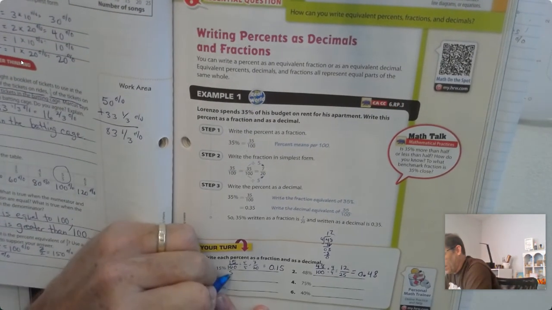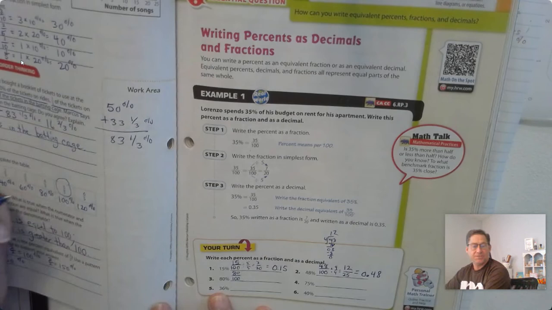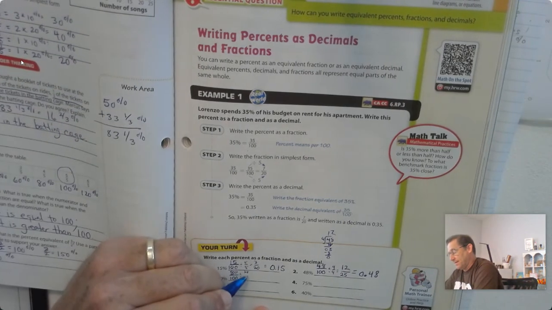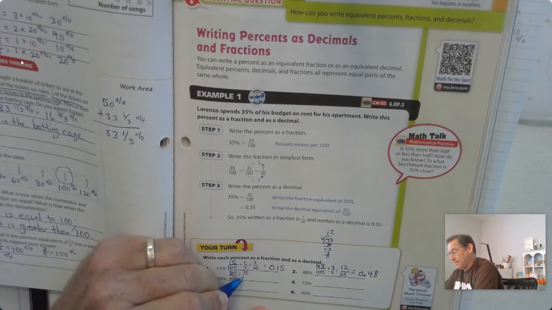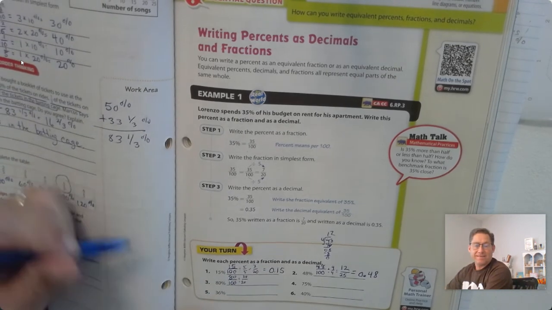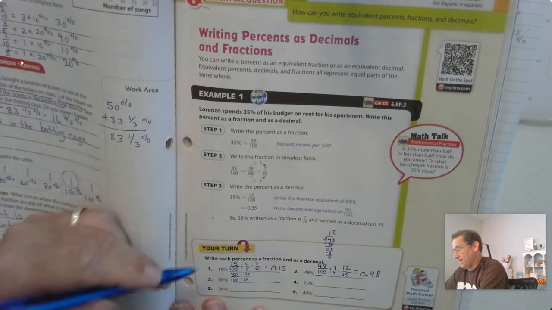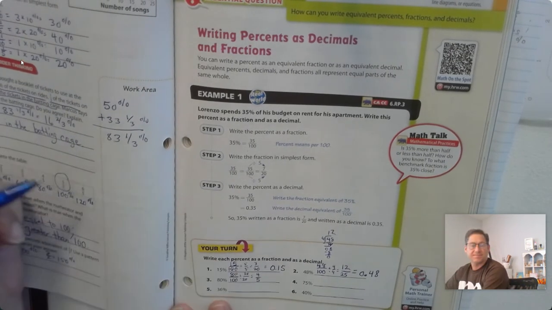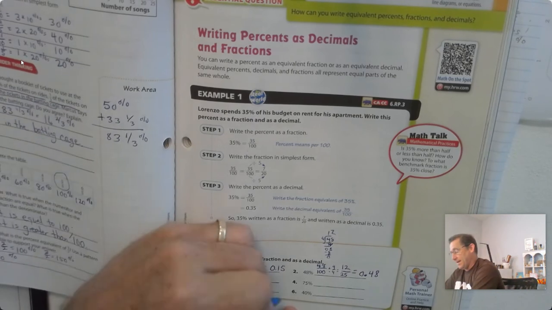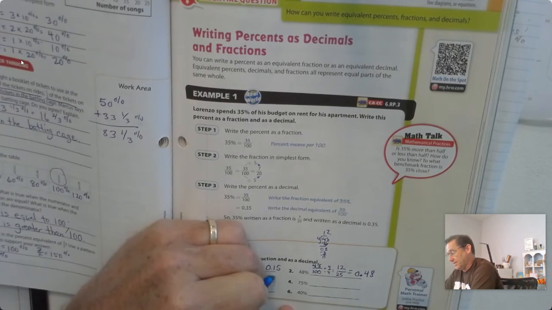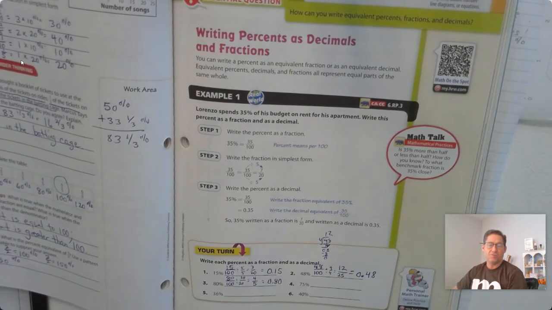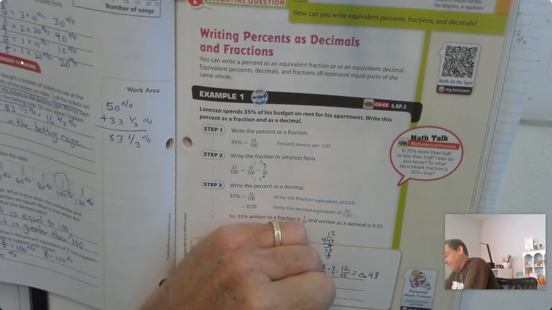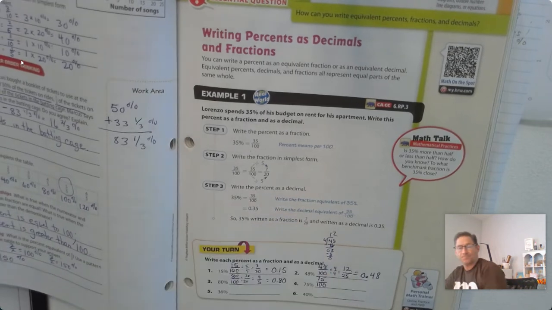All right. Number 3, 80%. As a fraction, it would be 80 over 100. This time I know 20 is a common factor for both 80 and 100. So if I reduce that, I get 4/5. And 80 hundredths as a decimal is 0.80. 75%. 75 over 100.